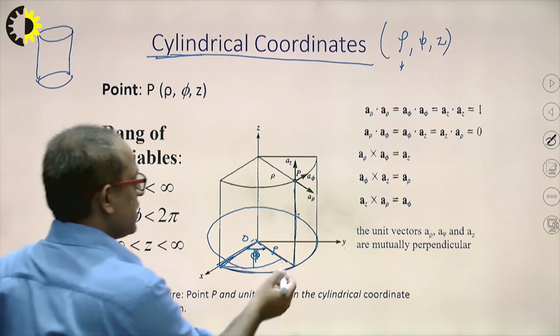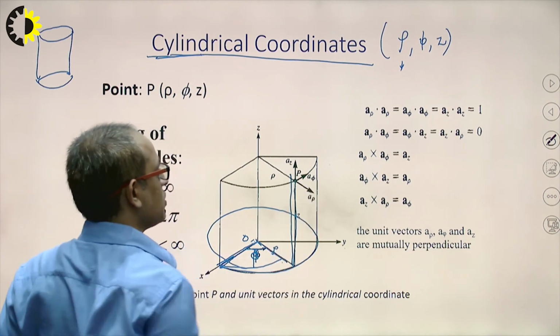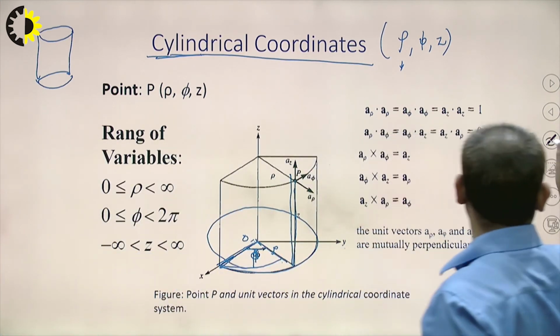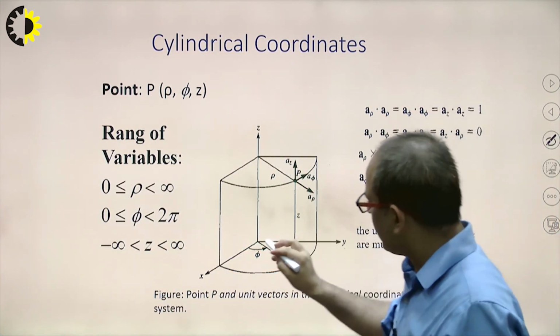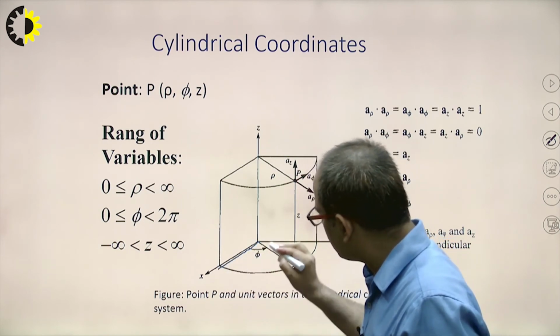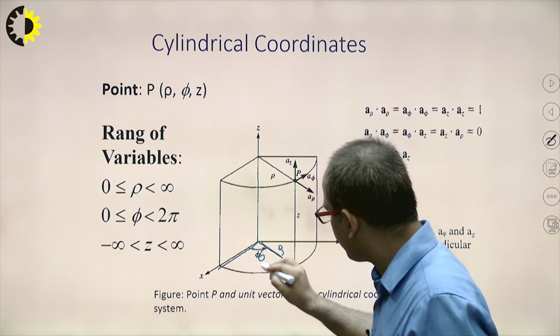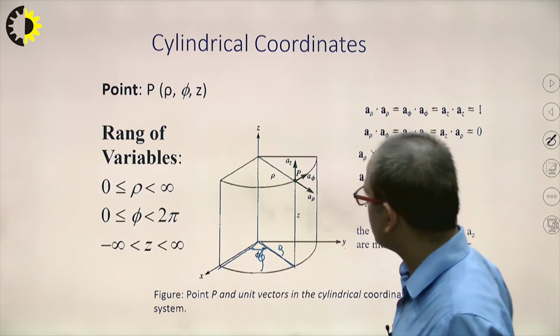And z is in this direction. So this one is rho, this one is phi, and this one is z.